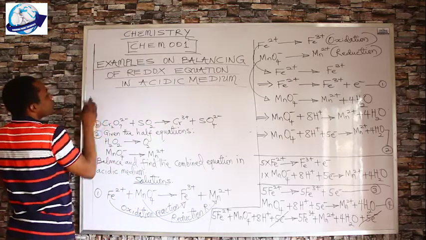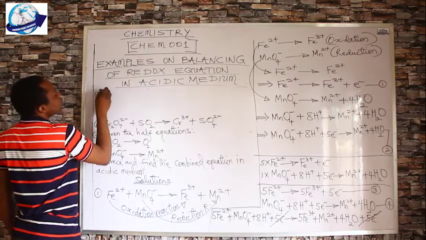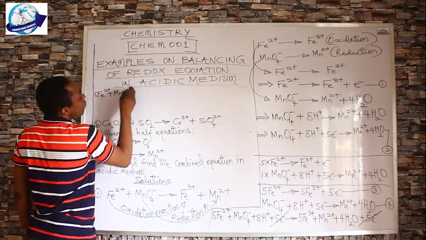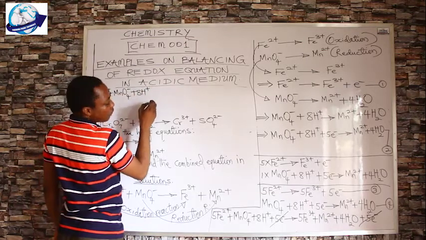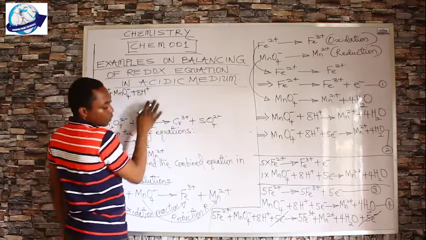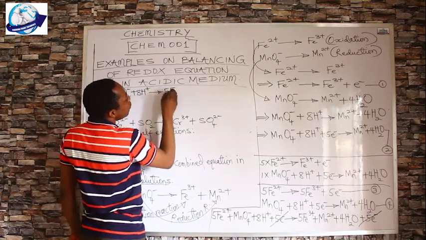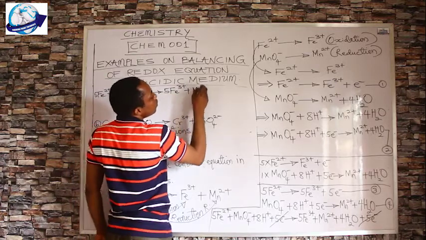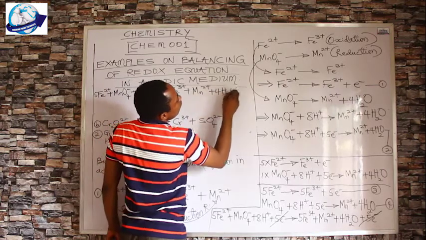The balanced redox equation for question A is 5Fe2+ plus MnO4 minus plus 8H plus, yielding 5Fe3+ plus Mn2+ plus 4H2O. That's a balanced equation.